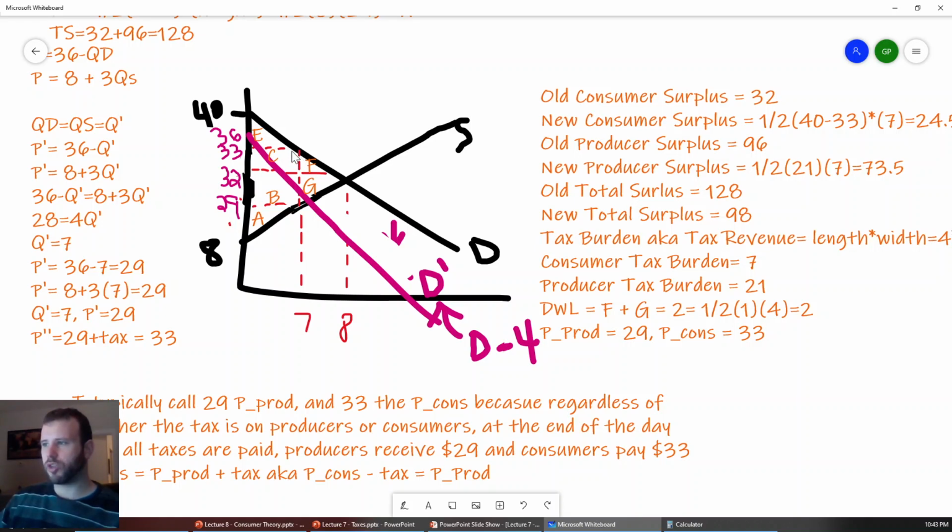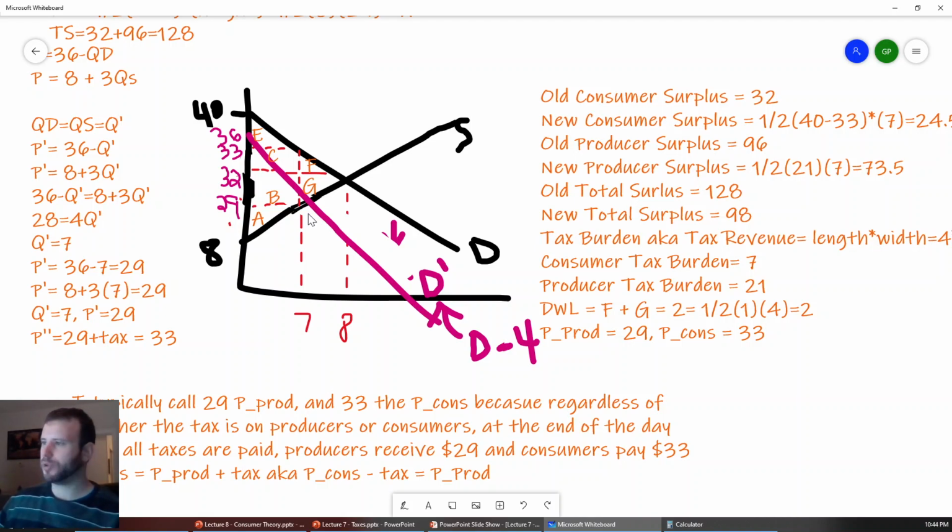So you want to make sure whether you're adding 4 to P prod or subtracting 4 from P cons. I need it visually, so I would imagine you guys need it visually too.